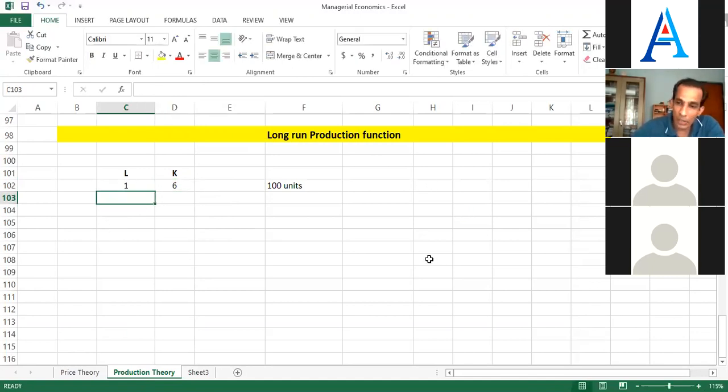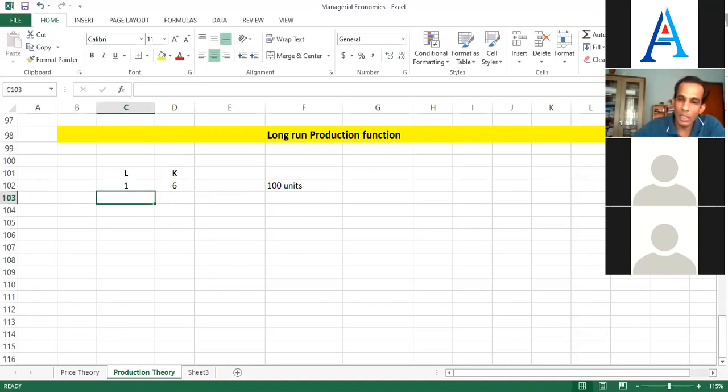But this is not the only way to produce 100 units. 100 units can be produced using different input combinations.